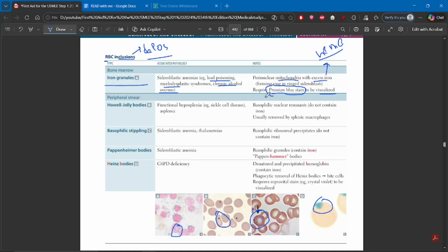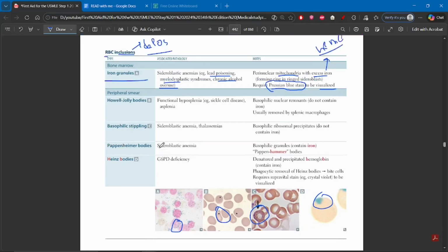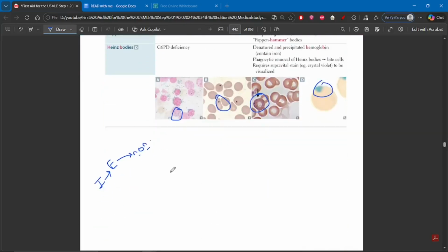Prussian blue stain is something that you would need to remember, and you should also keep in mind that the iron granules can sometimes deposit in the manner of a ring. So basically, if this is a cell, iron granules can be deposited in a manner of a ring like this.